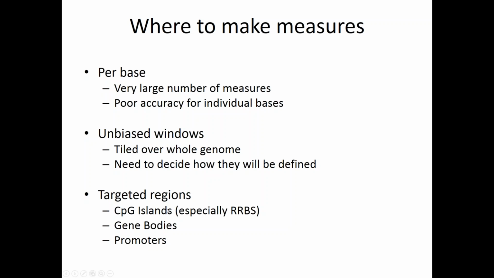In some cases, you have to target. For example, if you're doing reduced representation, there's no point doing unbiased analyses because you're not seeing the whole genome. So then you might pick targeted regions such as CpG islands, gene bodies or promoters. If you can, it's always best to start unbiased and maybe move on to targeted, but sometimes you have to start with the targeted because of the way that you constructed your experiment.